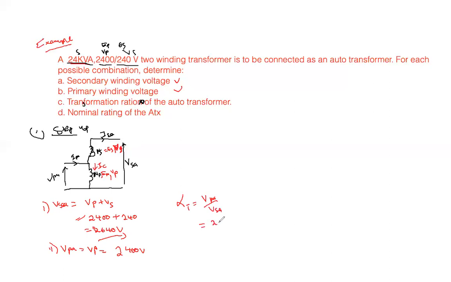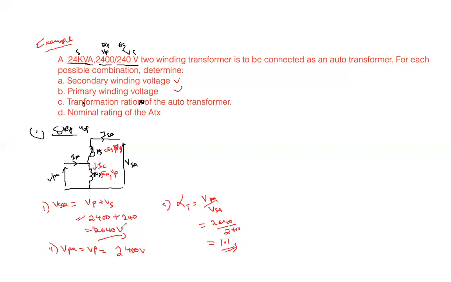Primary voltage is 2640, secondary voltage is 2400. If you simplify that, you get 1.1. That is our transformation ratio for the autotransformer.